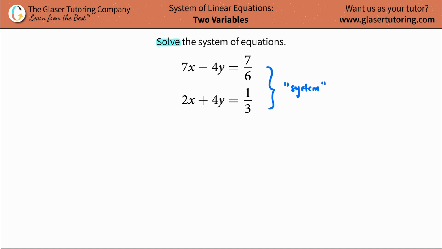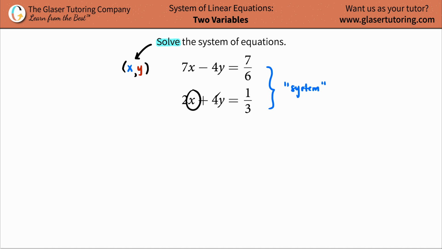So in essence, we want to find out a point, right? Because generally speaking, a point always has an x coordinate and a y coordinate. And that's what these x's and y's are. So in essence, if we have these two lines, and I know that they're linear lines because I don't have any x's that are squared or any y's that are cubed.